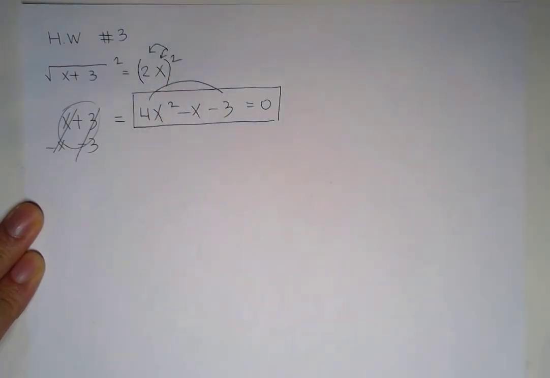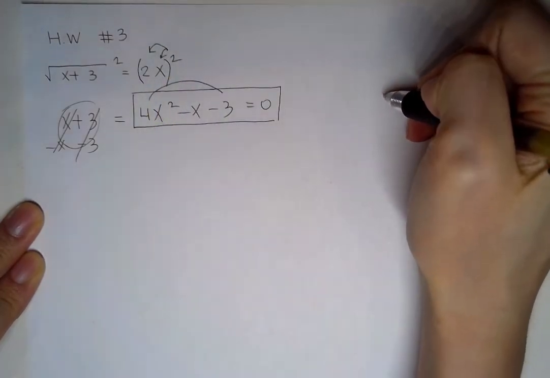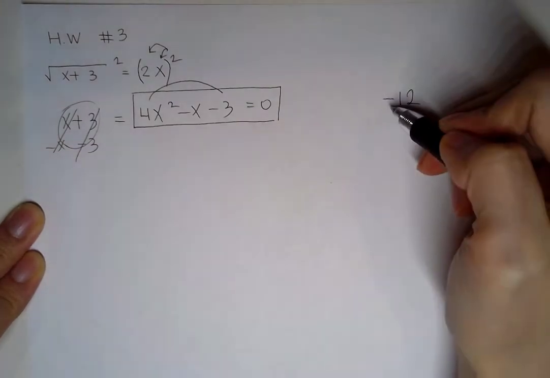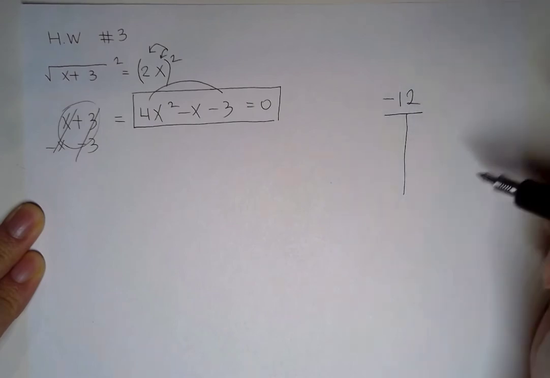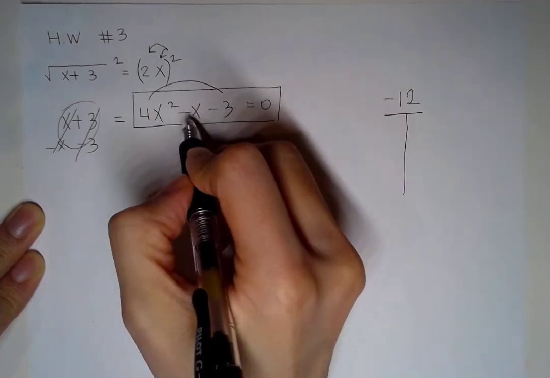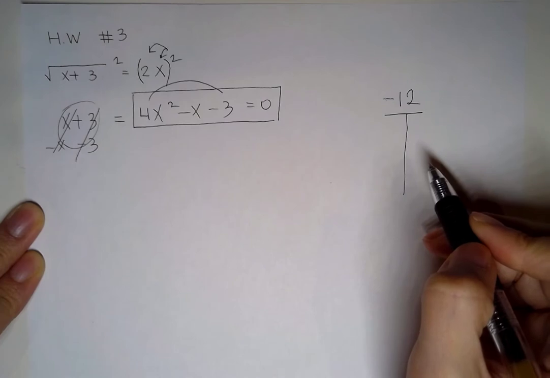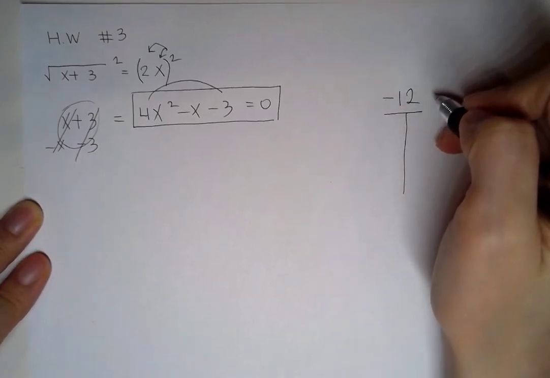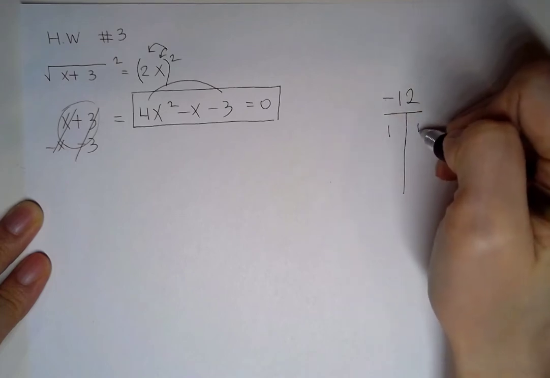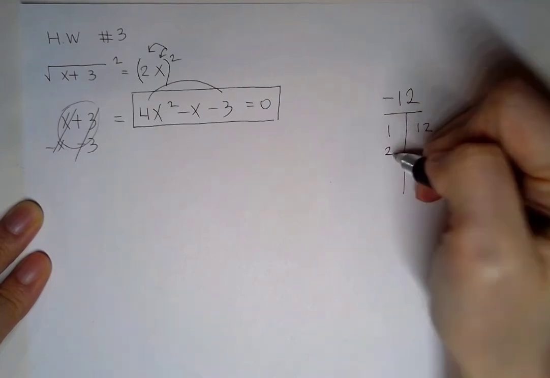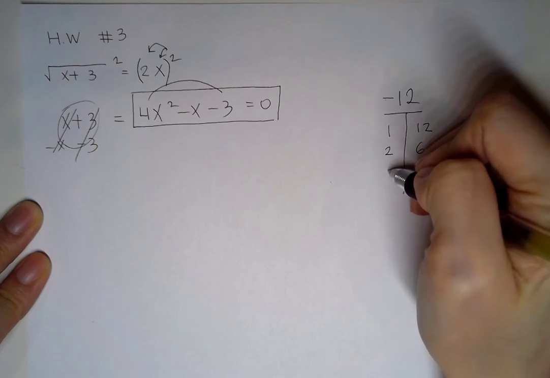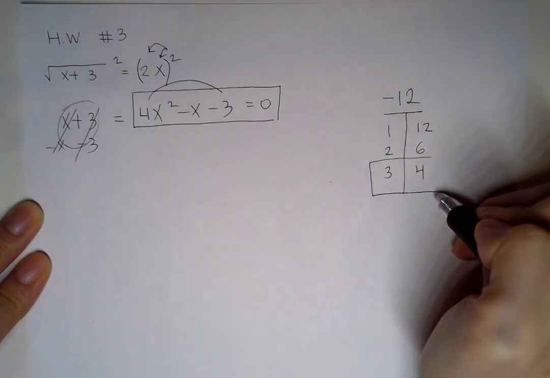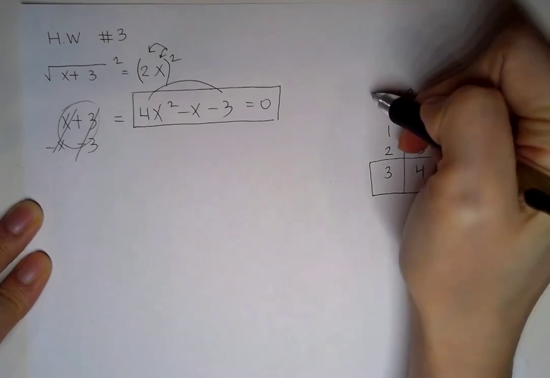All right. So first, when a is not 1, we need to do AC. So 4 times negative 3, then you will get negative 12. So minus 12. So the difference is what? Your difference is supposed to be 1, right? So let's start. 1 and 12, nope. 2, 6, nope. 3, 4, yes, because your difference is 1.